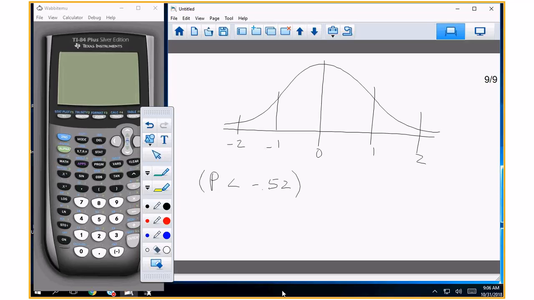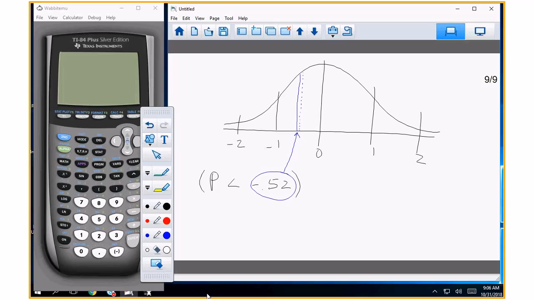First thing I'm going to do is draw it. 0.52 is going to be right in there, and it's a little bit more than 0.5. So 0.52 is going to be right in here. I'm going to circle this and draw an arrow right there.